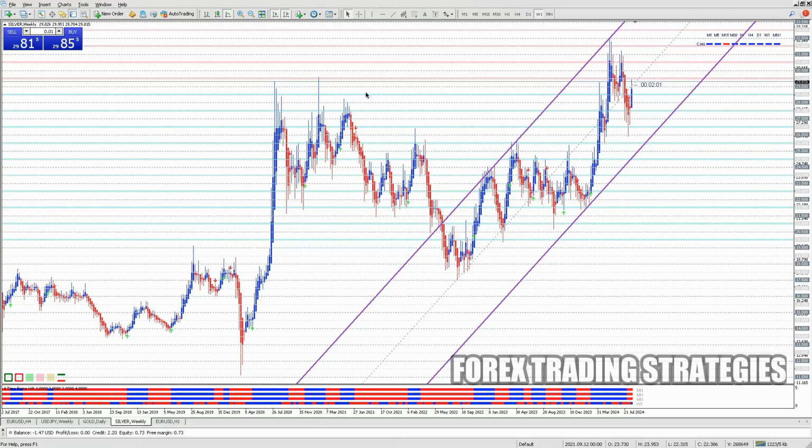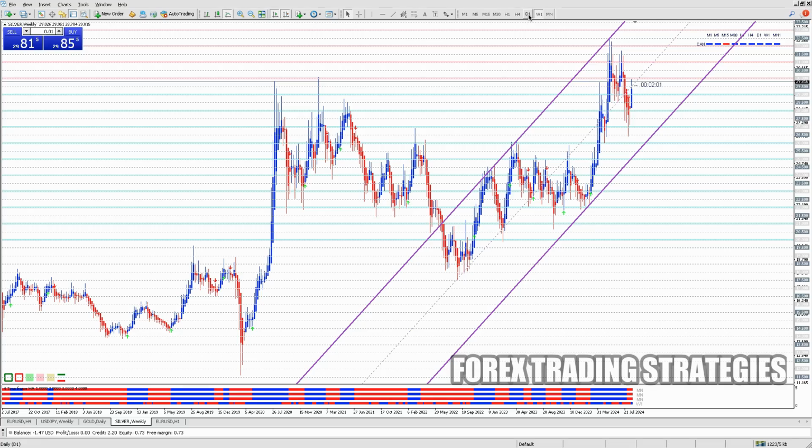Okay, so point number one, and this goes also for your personal trading accounts. The goal is to stick to your trading plan. If you don't know how to stick with your trading plan in forex trading, whether you're trading with a personal trading account or a funded trading account, you will lose money. So you need to follow your strategy.